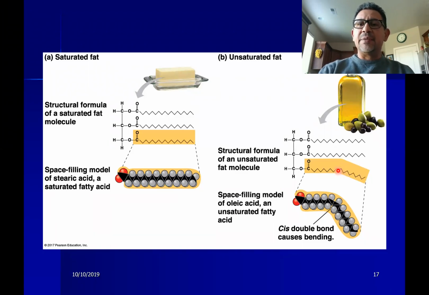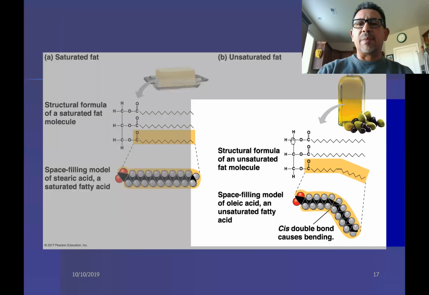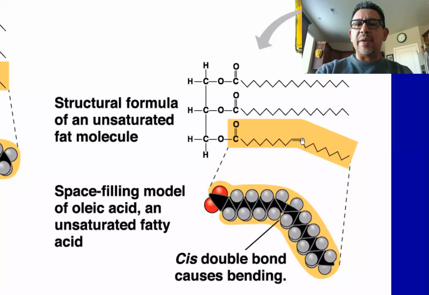The carbons at this location where this double covalent bond can be seen, in this representation a carbon right here and a carbon right here, with a double covalent bond between them, these two carbons each can only bond to 1 hydrogen atom. And so this is the reason we call this an unsaturated fat molecule.